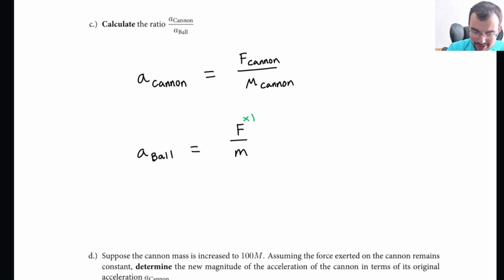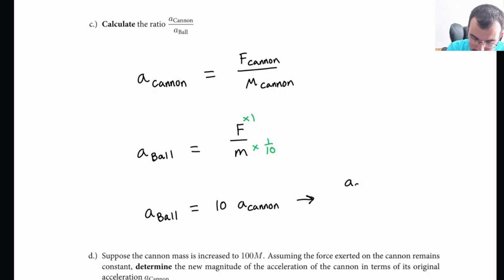So the ball mass would be 1/10 of the cannon mass. So that means that a ball would be equal to 1 divided by 1/10. So that 10 swings up to the numerator because you have a double division. So a ball would be 10 times a of the cannon.